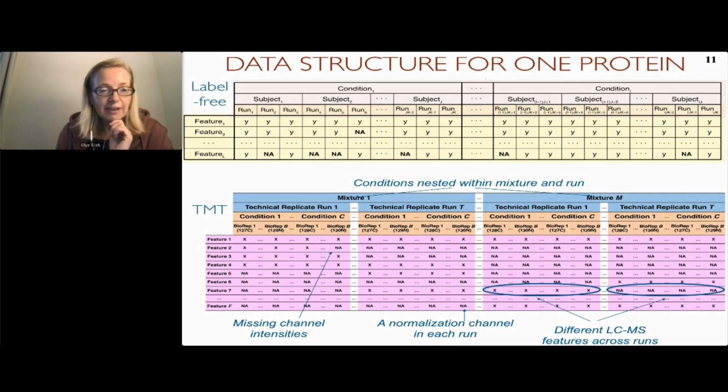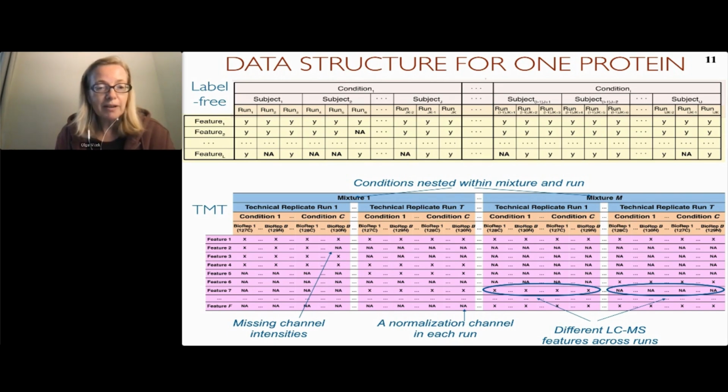So here, the small symbol X means that we observe this feature, and the feature is a peptide ion, right, a PSM. So we observe this PSM across multiple technical replicates and multiple mixtures. Occasionally, we have one missing reporter ion channel, but it doesn't happen very often.